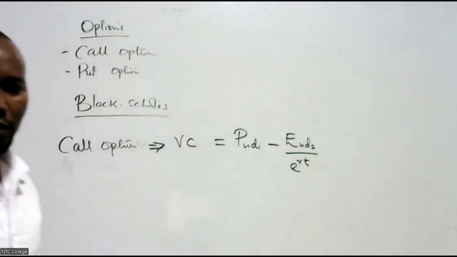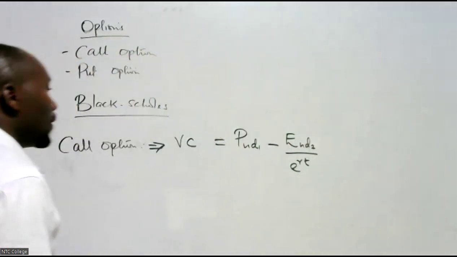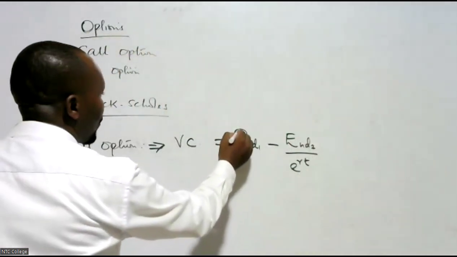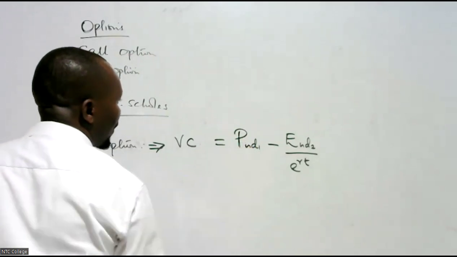That is how it's normally written. The most important thing here is how to get the P, this one, N(d1).